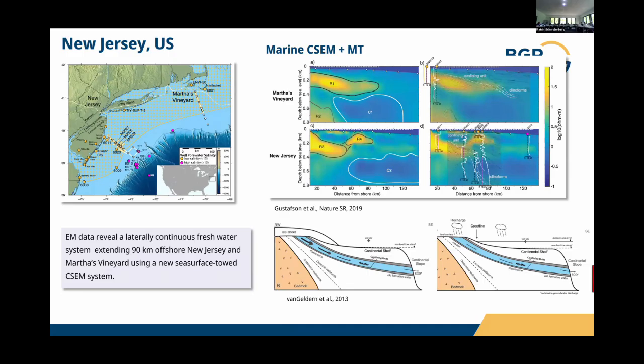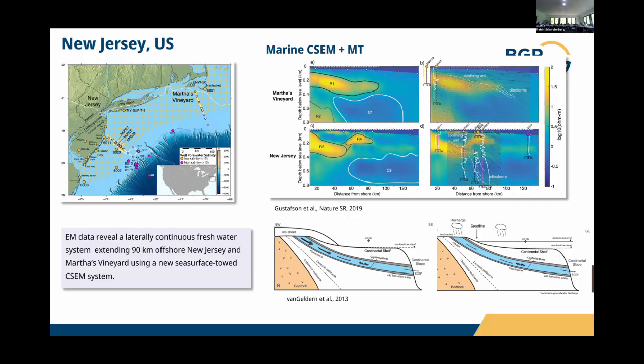And here you see the results from marine controlled source EM plus MT. That's this passive method which constrains the deeper parts of the model and which can be jointly interpreted or inverted. Yellow colors show high resistive features, blue colors show more conductive features.